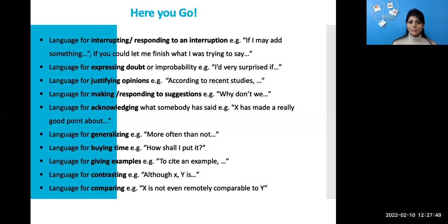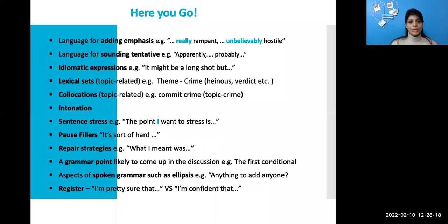Have a look. And we have a few more here.